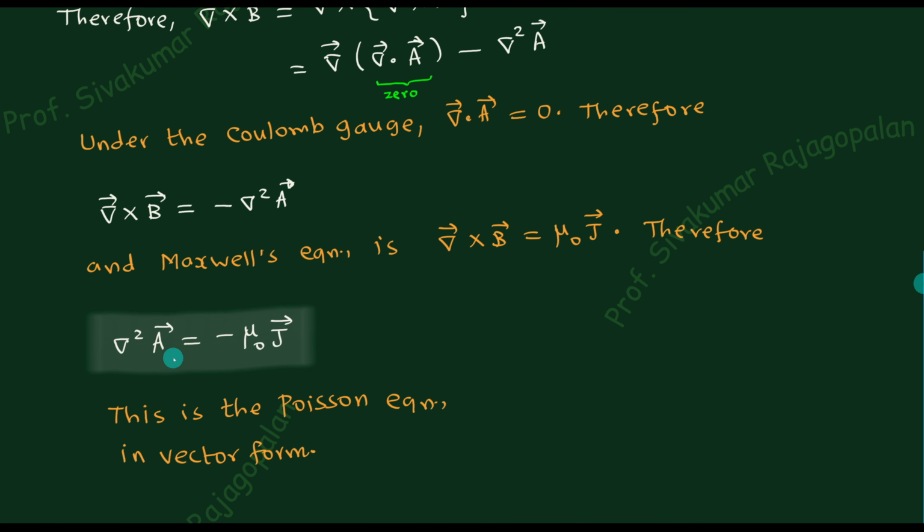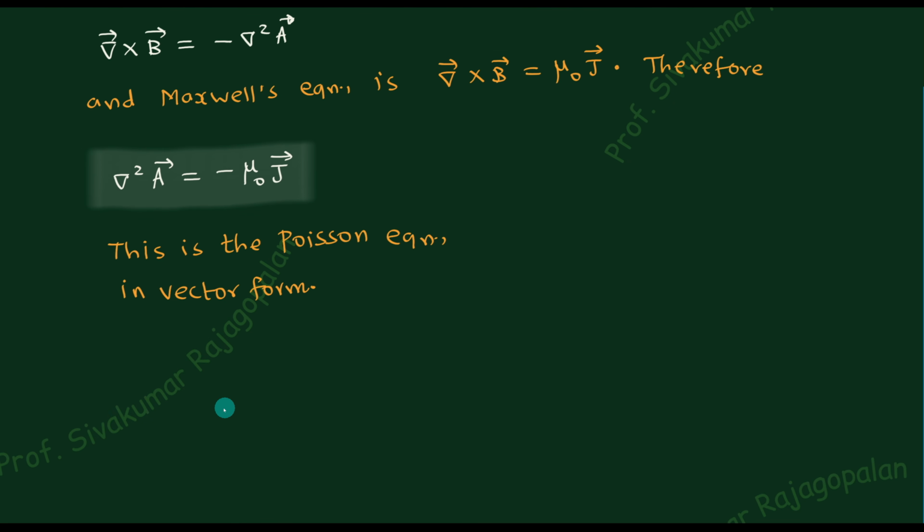You write down the components: if you write down the A x component here, then the J also has x component. Then we have the very standard scalar Poisson equation. How many such equations are there? 3 scalar Poisson equations are identically the same as 1 vector Poisson equation. So this particular vector form is equivalent to 3 scalar Poisson equations, where the scalars are the x component, y component, z component.